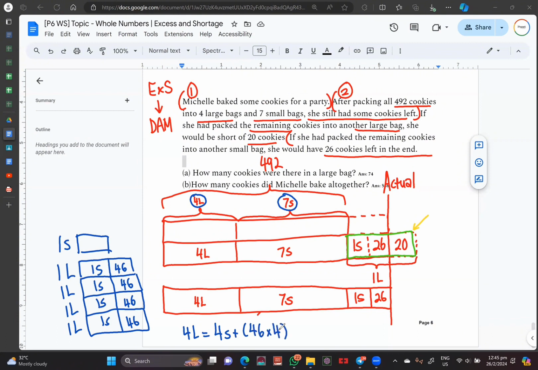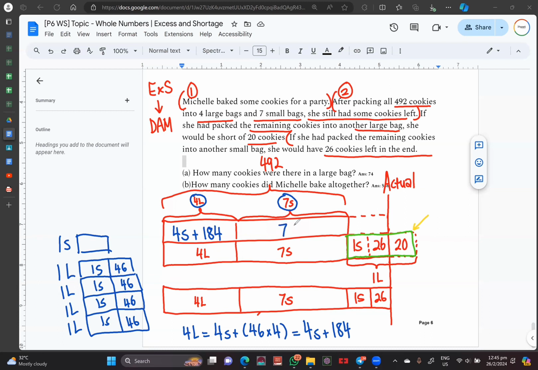So 4 large is equal to 4 small plus 46 times 4, and that gives me 4 small plus 184, because when you do 46 times 4, you get 184. So we can write down that 4 small plus 184 is the same as 4 large.